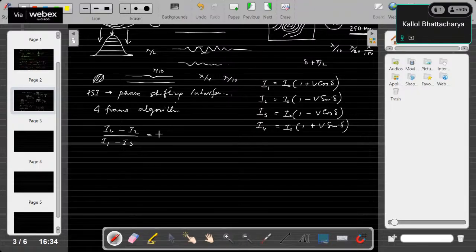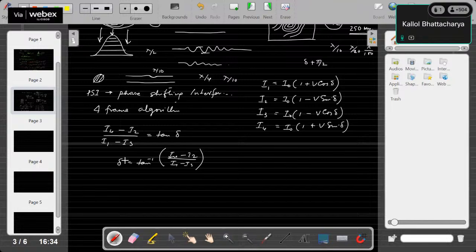So this is equal to tan delta. Okay, so delta equals tan inverse of (I4 minus I2) by (I1 minus I3).